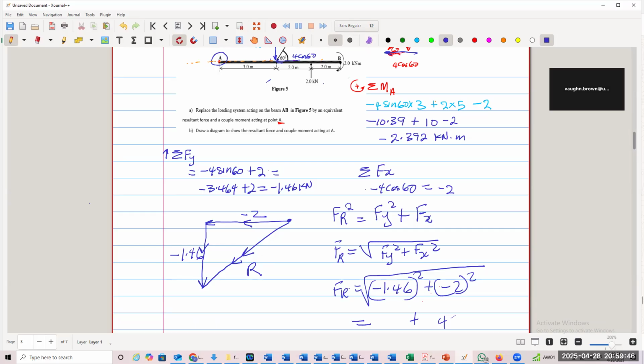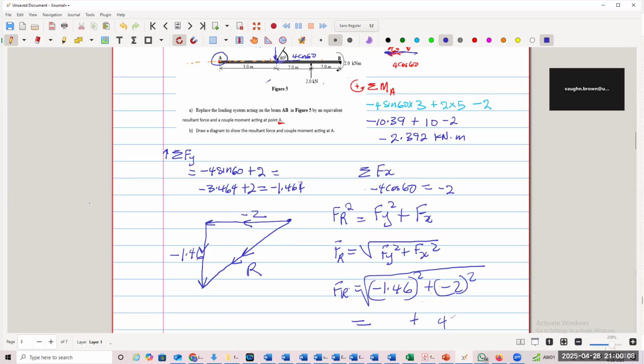I think I rounded off that figure a little too early. You should have another digit there, so it should have been 1.44. Don't round off too early, I warn you about that.